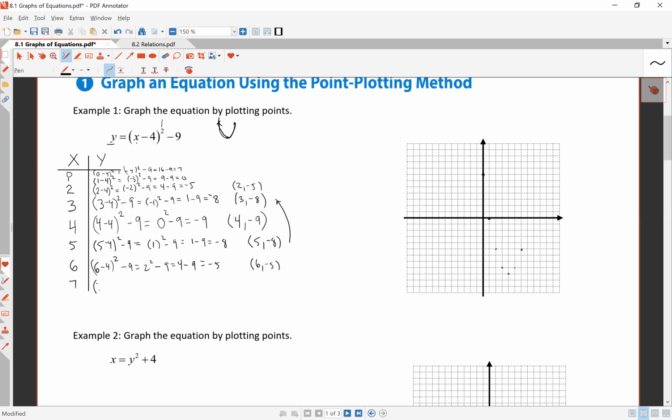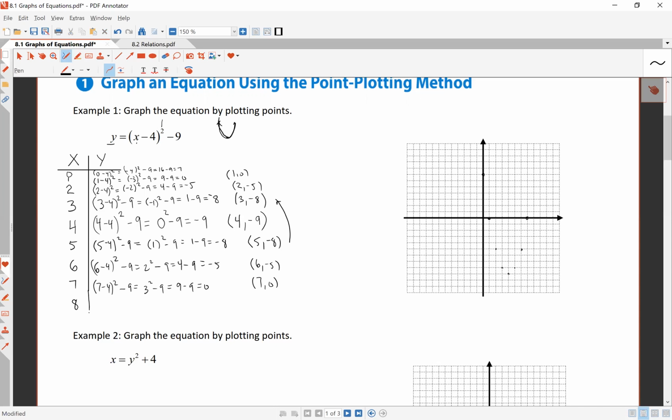Plugging in 7, 7 minus 4 is 3, squared is 9, minus 9 is 0. So (7, 0), and on the other side is (1, 0).